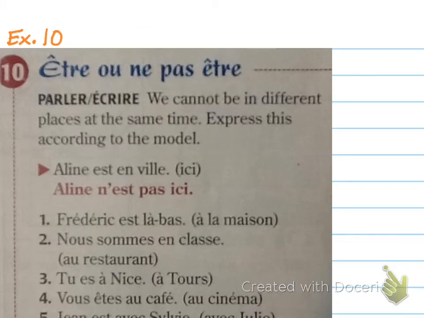Exercise 10, we also did this one out loud. Remember these, you were all making negative and you were changing what was in the sentence. So remember, I'm going to change là-bas to à la maison and I'm going to make this negative. Okay, and you're going to write out those sentences.